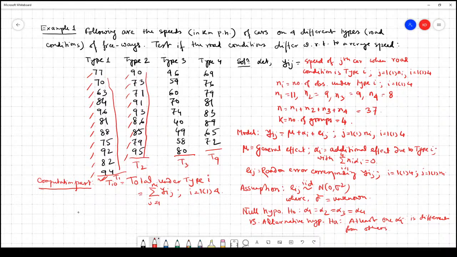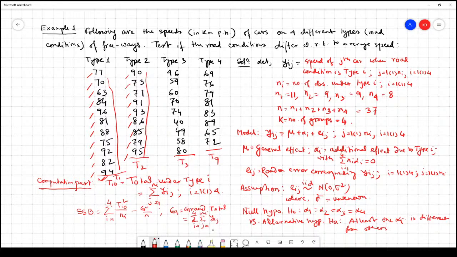Next, SSB, the sum of squares between groups, is equal to the sum over i from 1 to 4 of Ti naught whole square by ni, minus G square by n, where G is the grand total, equal to the double sum of Yij.